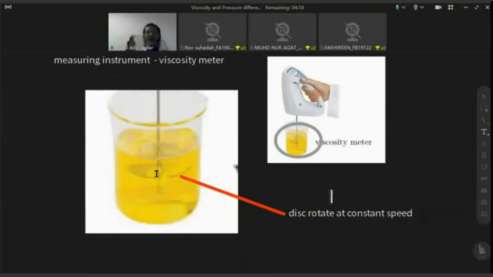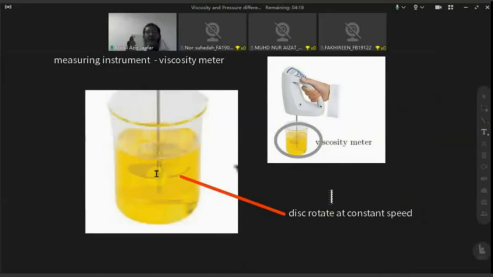The motor will maintain the constant speed. With a more viscous fluid, more force, more torque is required by the motor, right?